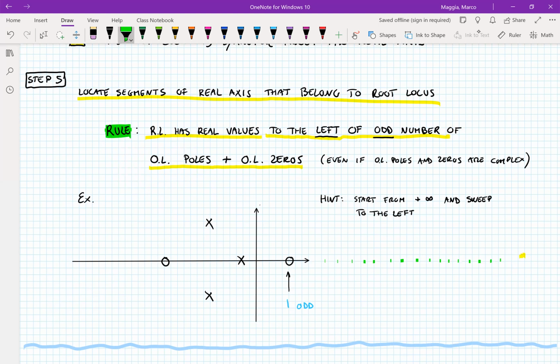So until we hit another either open loop pole or open loop zero, whatever is on the real axis belongs to the root locus. Oh, now we've encountered an open loop pole with this X. So now what is the total number of open loop zeros and poles so far?